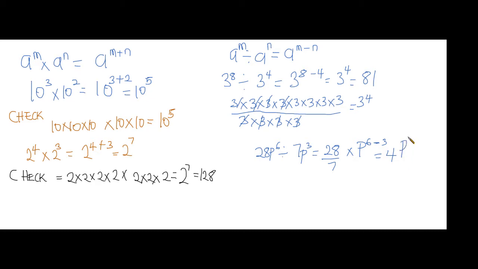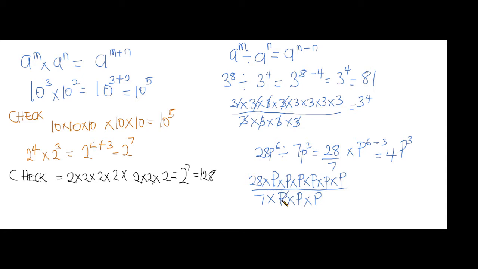We can also check this by using the long method, and that will be 28 times, in ordinary algebra, 28p is 28 times p, and p raised to the power of 6, p in 6 places, 2, 4, 6, divided by 7 times p times p times p.